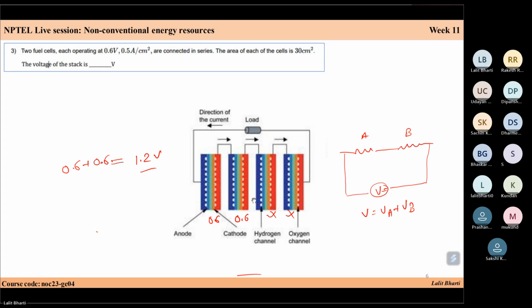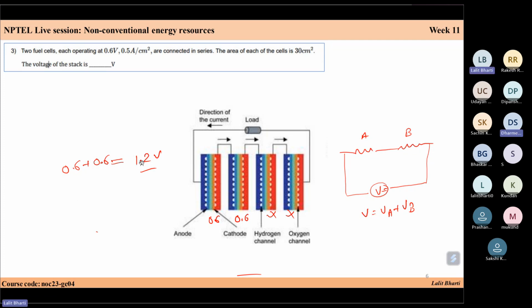So if you take 4, it should not be 1.2, it will be 2.4. It is written wrong here. Because if you have 4 fuel cells in series, you should add the voltages of all 4 of them. If one is 0.6 volt, then 4 of them will be 2.4 volts for this stack. So it will be 2.4 instead of 1.2.